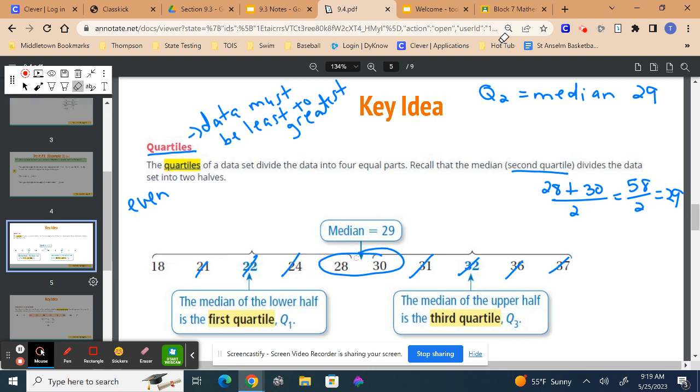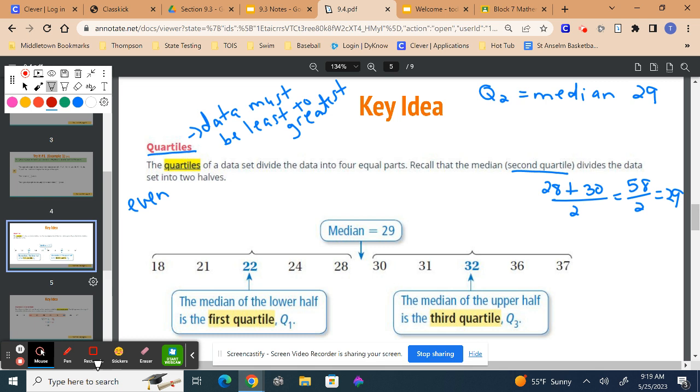So we're going to do more to this data value. The one thing you have to remember is that your quartile 2 is not included when you find quartile 1 and quartile 3.